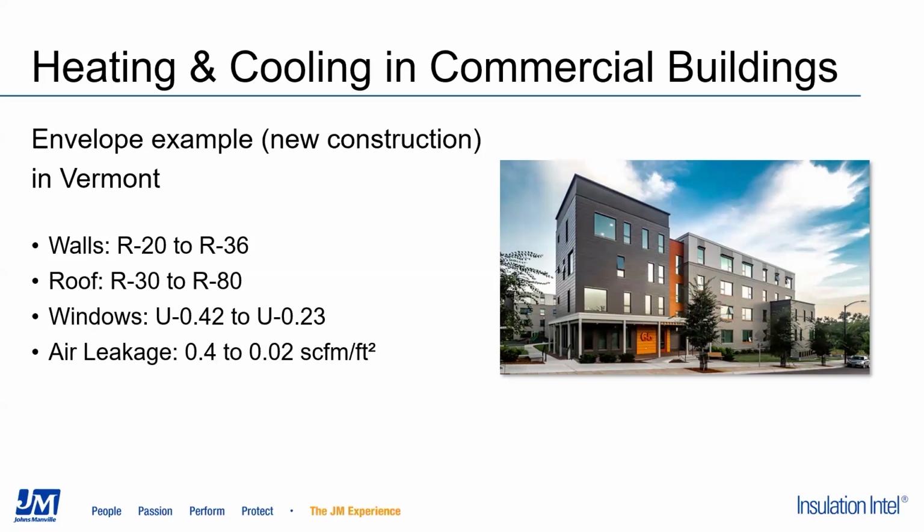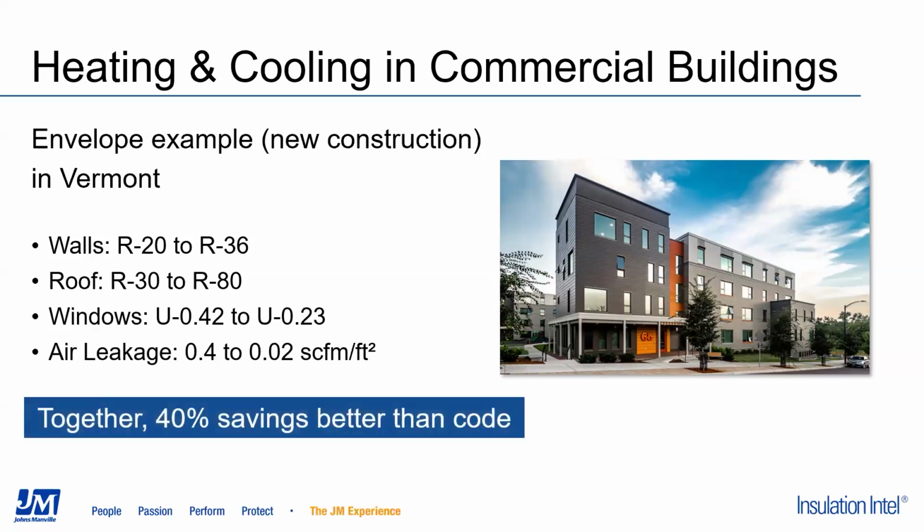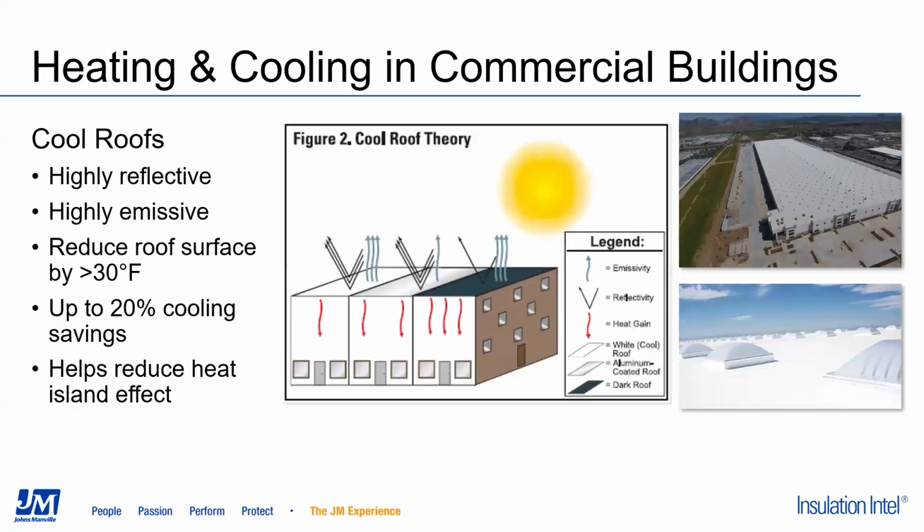They upgraded the windows from a little better than R2 to almost R5, R4.5. Air leakage was tightened considerably. And by doing all those things together, just from the building envelope, they saw big improvements: 40% savings, better than code.